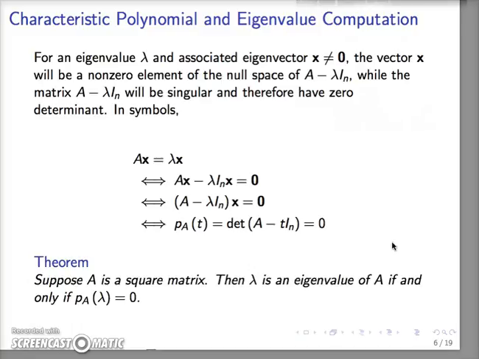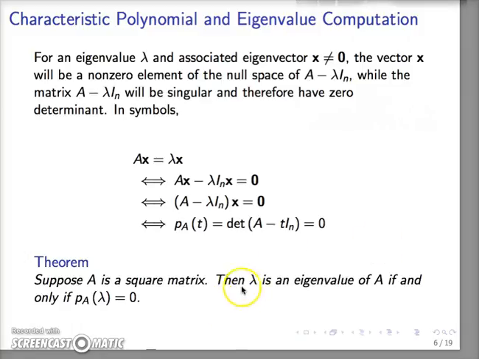So if we have a square matrix A, lambda is called an eigenvalue of that matrix A if and only if lambda is a root of the characteristic polynomial of that matrix. In other words, when the characteristic polynomial is evaluated at that value of lambda, it takes on the value 0. That polynomial vanishes.